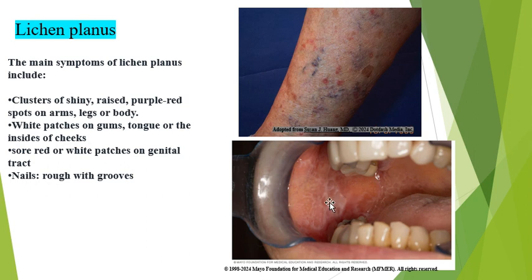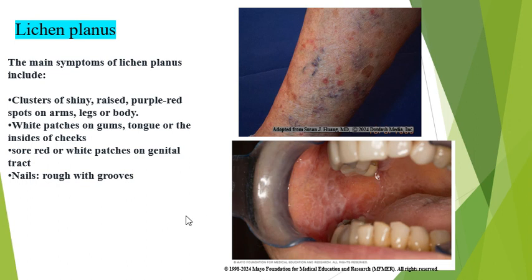These white patches are painful. Although there is no specific treatment for lichen planus, we advise patients to take care of oral hygiene, and maybe to get rid of any sharp tooth by going to a dentist.